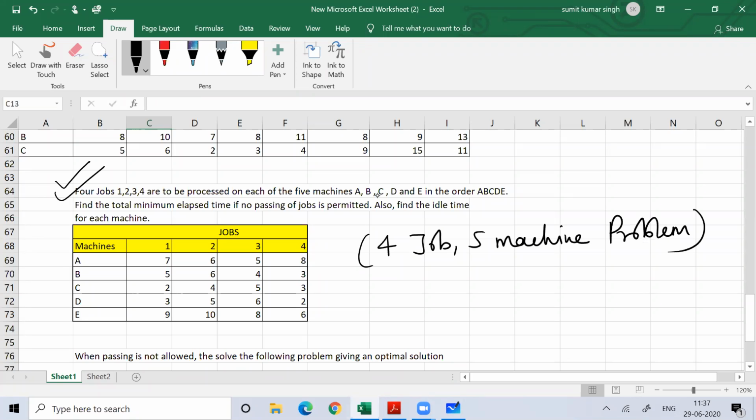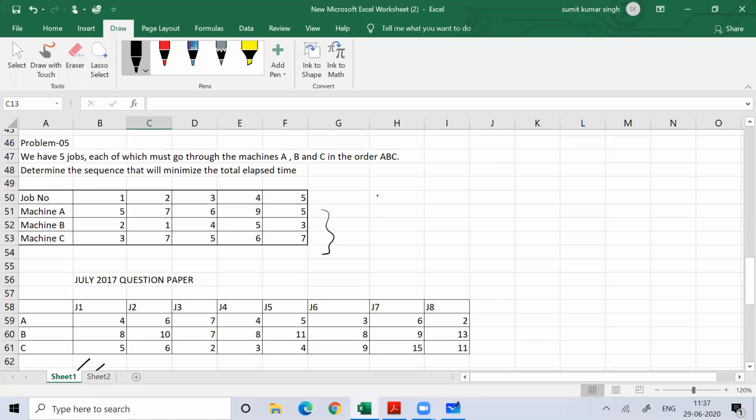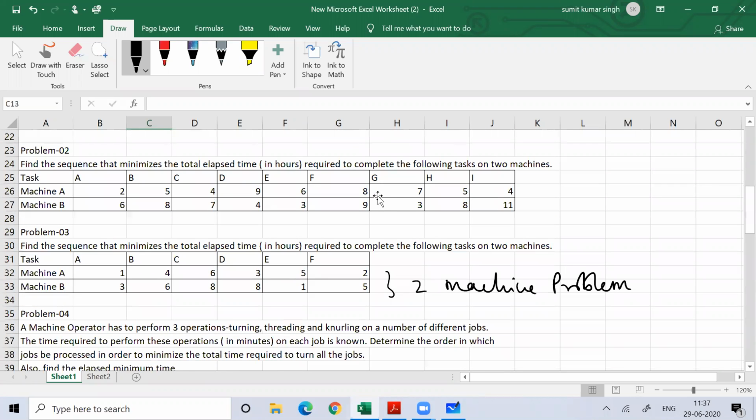In your exam also, definitely you will get a question on sequencing problem, and in the sequencing problem the method we follow is the Johnson algorithm to solve the problem. While working on the problem, we determine the total elapsed time and the idle time on each machine.